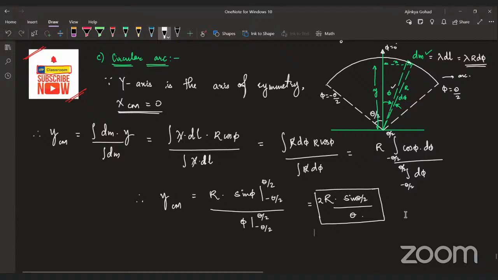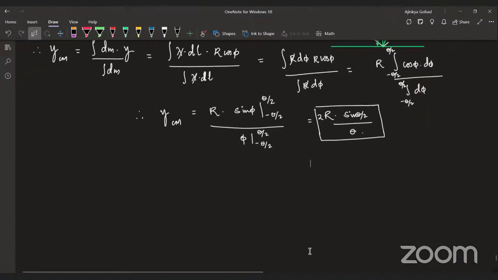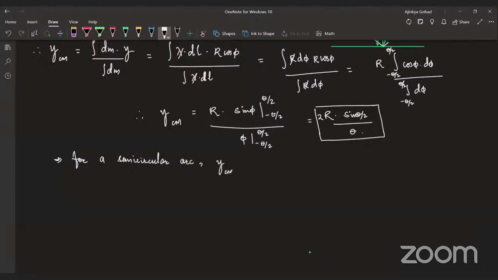So if this were a semicircular arc, for a semicircular arc, the y coordinate of the center of mass will be equal to 2r sine of pi by 2 by pi.